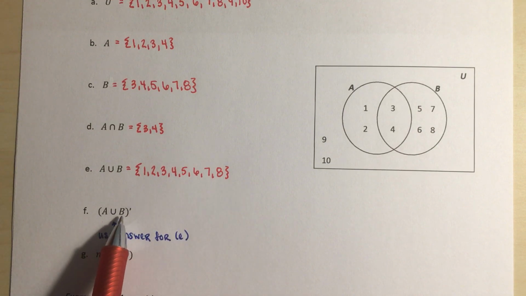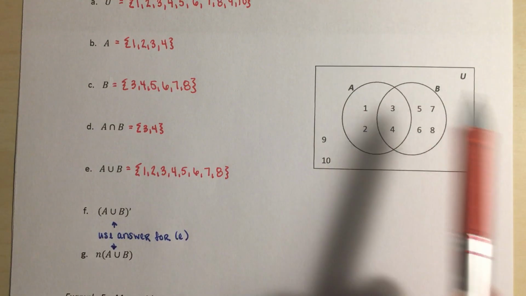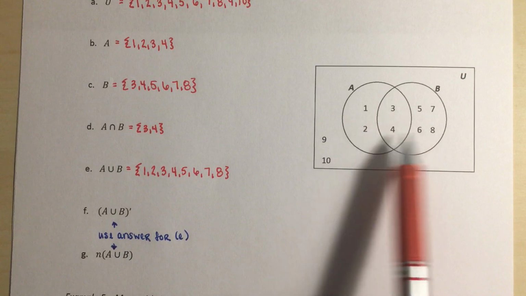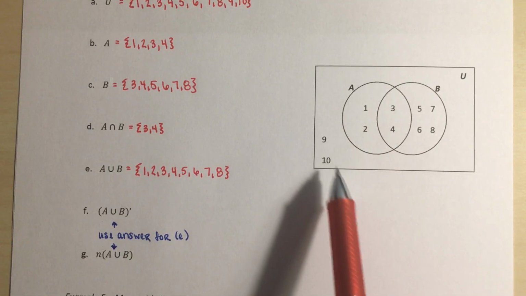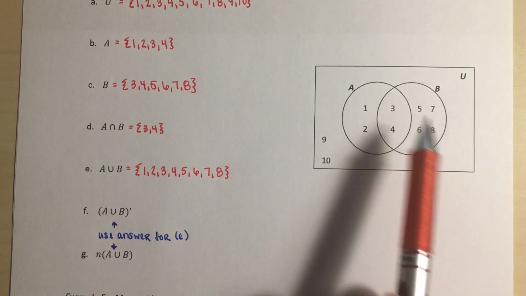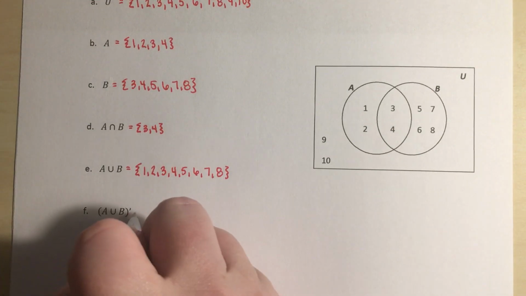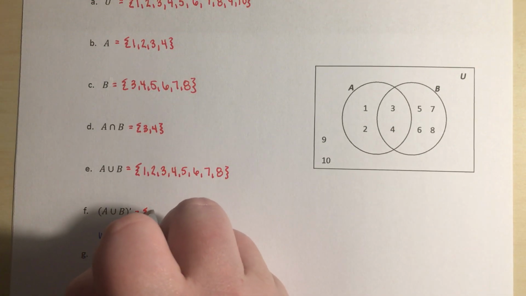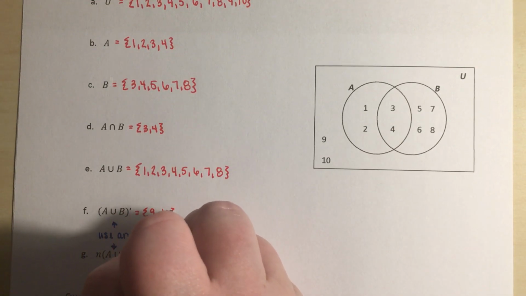What this means is we want anything basically that's living outside these circles. It's not inside either circle, it's outside. It's in our universal set hanging out, but it's not in set A or set B. So this complement is going to be just the values 9 and 10.